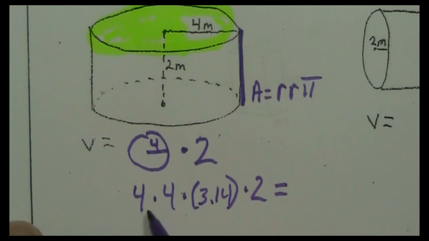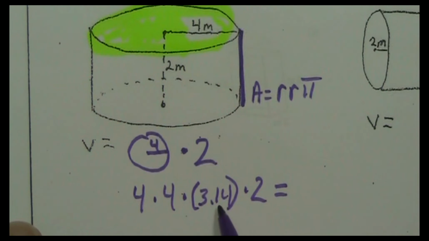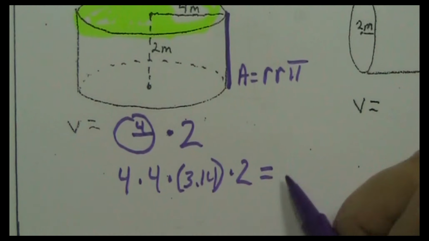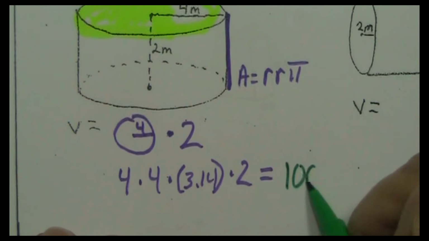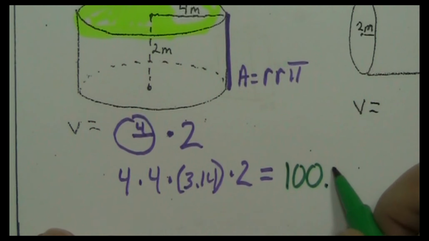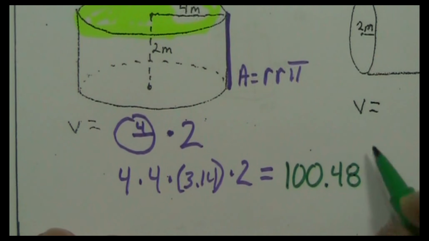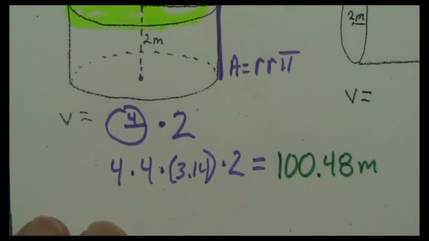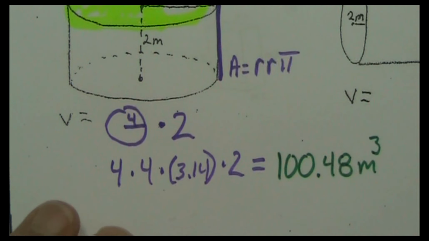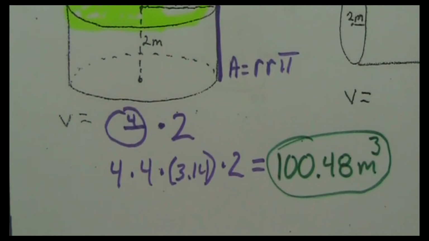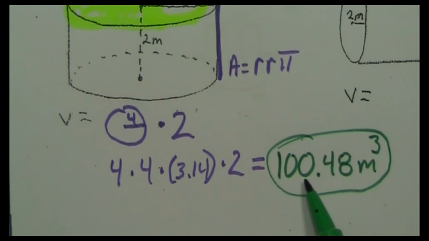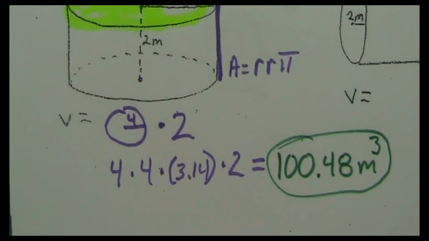Okay, so this is for the circle, and then times 2, double it. So if I calculate that, I get 100.48. And that's meters cubed. Okay, so that's how many cubes will fit inside that cylinder.